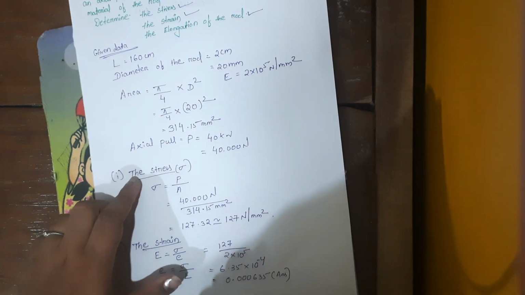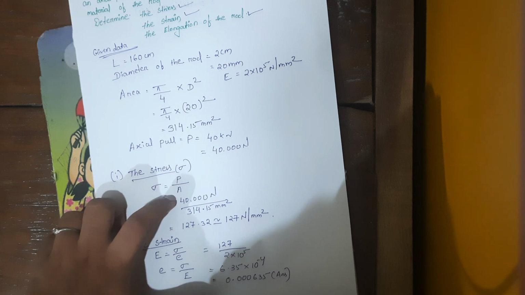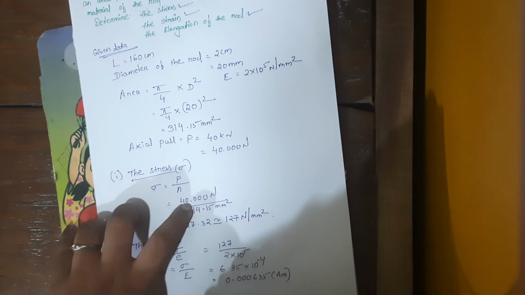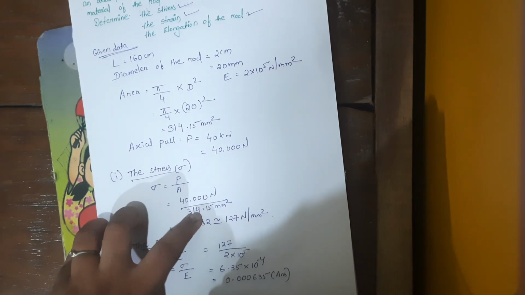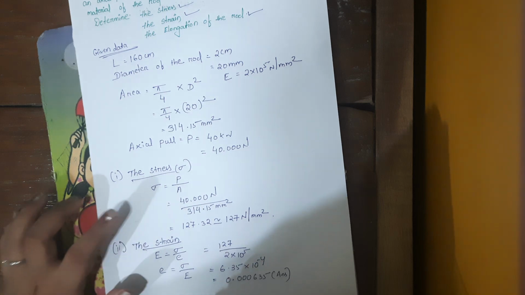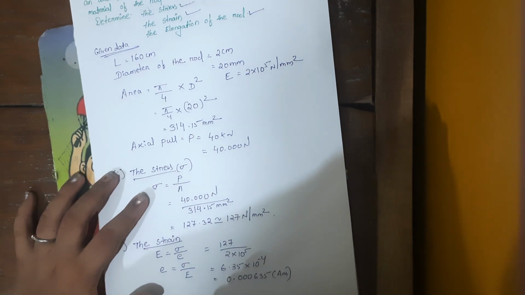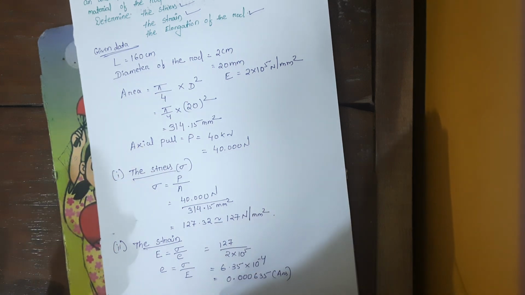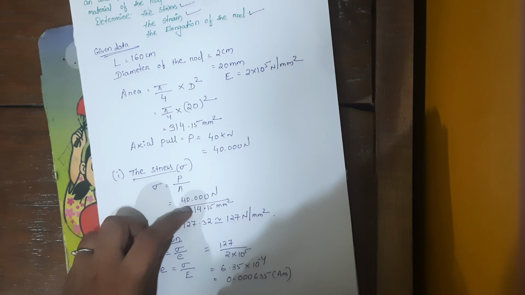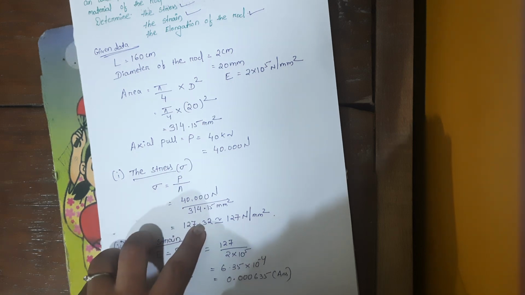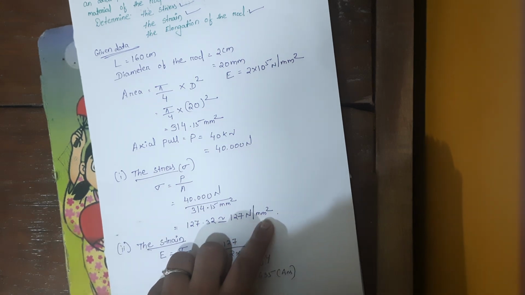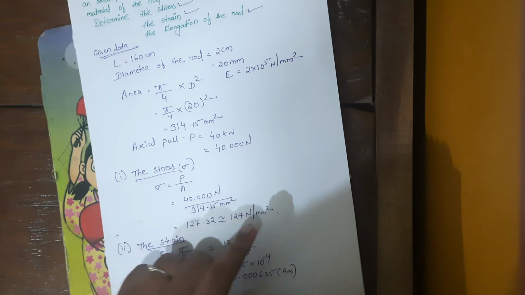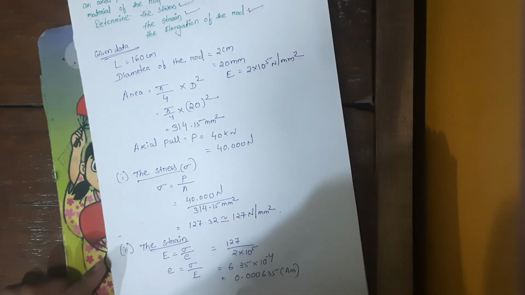First, stress. The stress formula is sigma equal to P by A. P is 40,000 newton divided by A, 314.15. Putting in the formula, P by A gives the answer 127.32, rounded to 127 newton per mm square, because stress is given in this unit, newton per mm square, right?